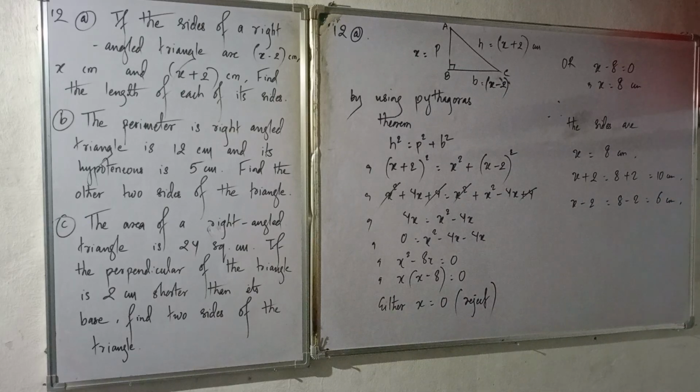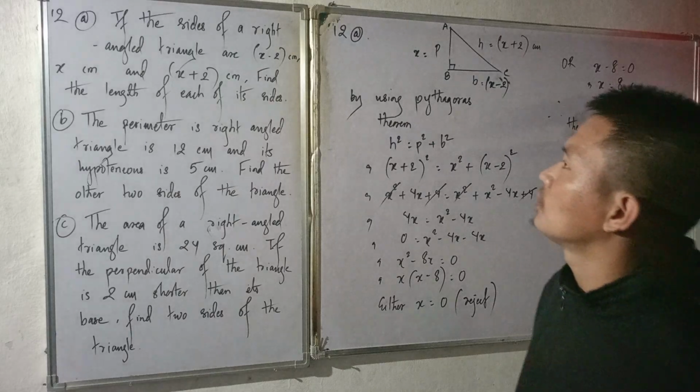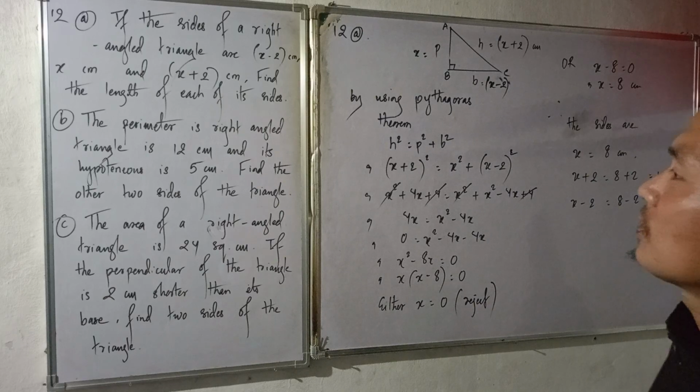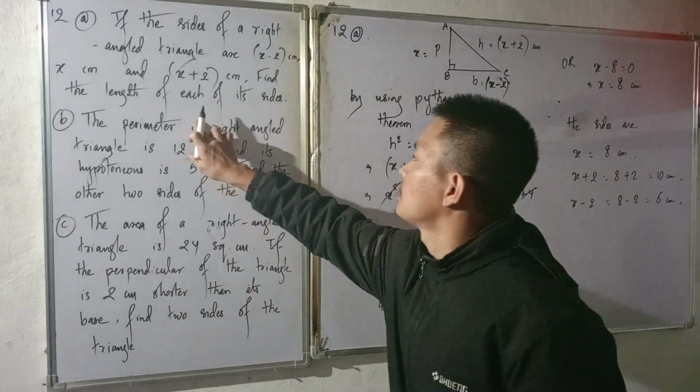So without further delay, let's now move to the B number. In B number, I'll read out the question for you. Now let's see number 12B.